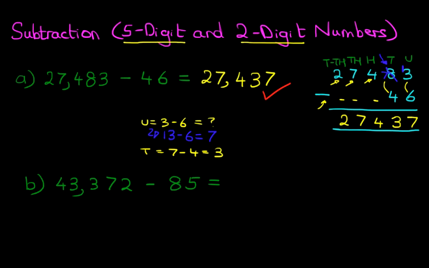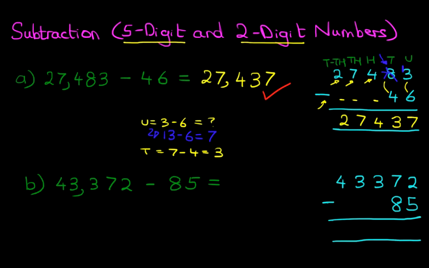So let's do this over here. 43,372 minus 85. Okay, let's label the columns. We've got units, tens, hundreds, thousands, and 10,000s.